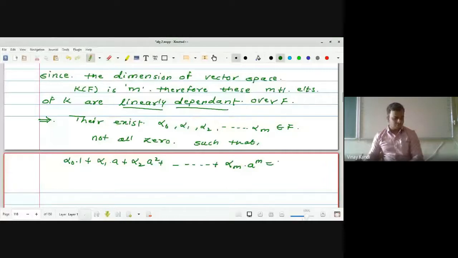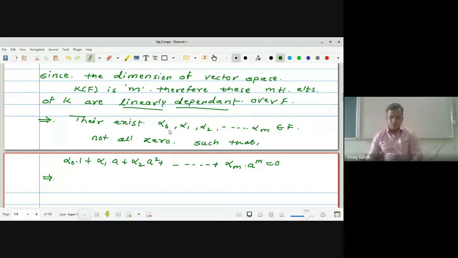Okay, so this implies: if they were linearly independent and we took the linear combination equal to 0, then automatically all the coefficients would be 0. But here these vectors are linearly dependent. It means the coefficients are not all 0.